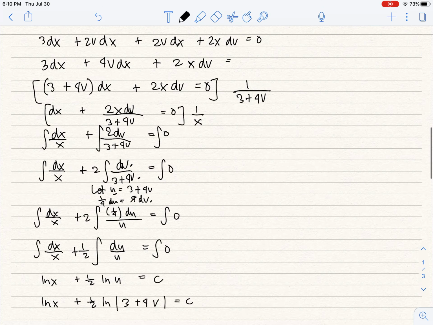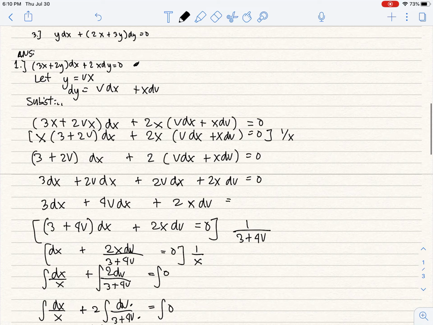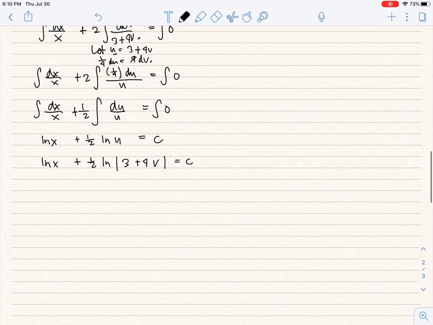Diba balik ta sa diri, ang formula sa substitution kay y is equals to vx. So therefore, v is just y over x. Divide both sides by x, we can isolate v. Therefore, v is just y over x. So, ln x plus 1/2 ln of 3 plus 4 y over x is equals to C.